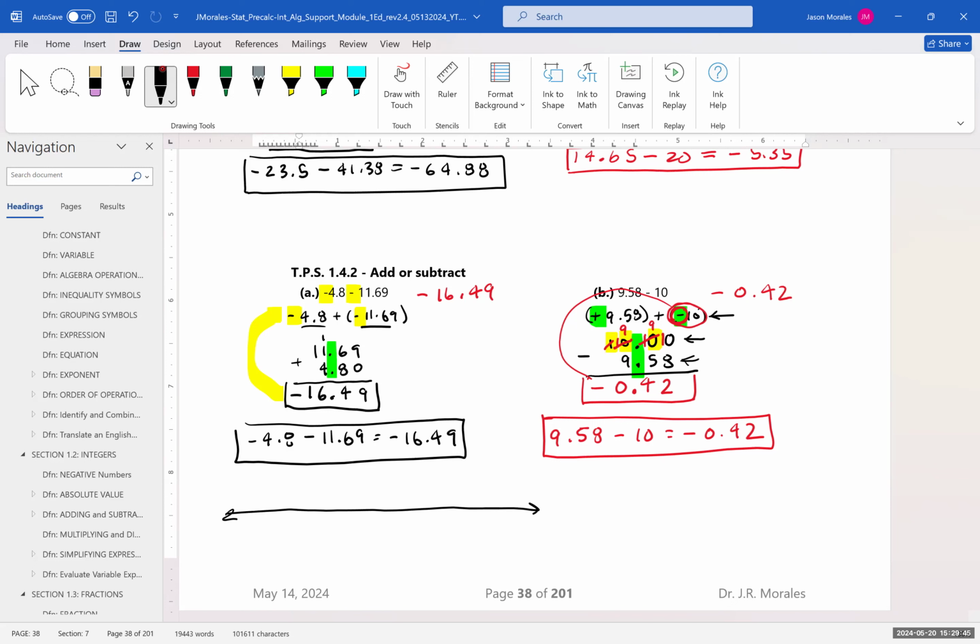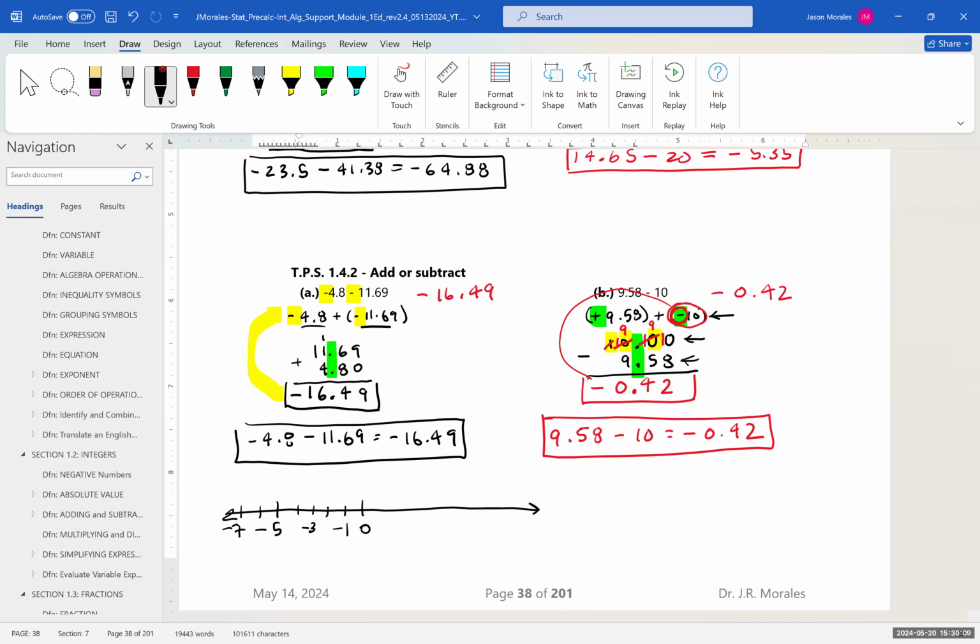And let's put 0 here. And then we're going to have, how do I want to do this? So we'll do 1, 2, 3, 4, negative 5, negative 6, negative 7.